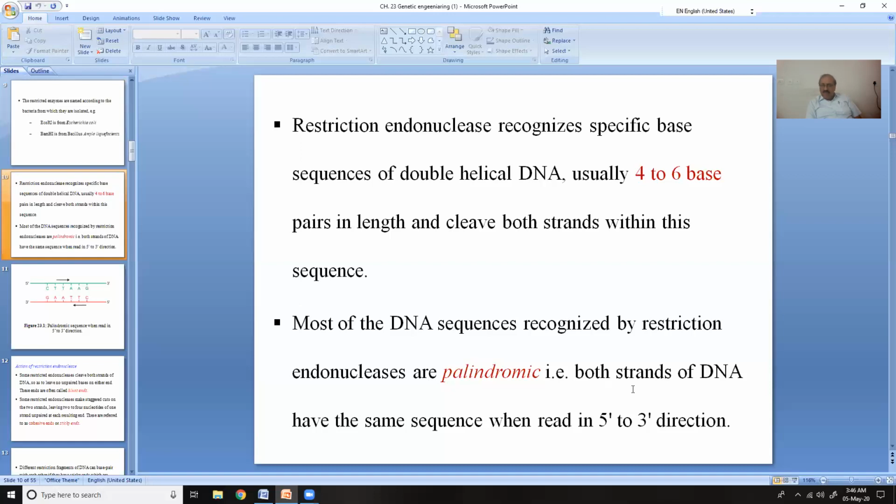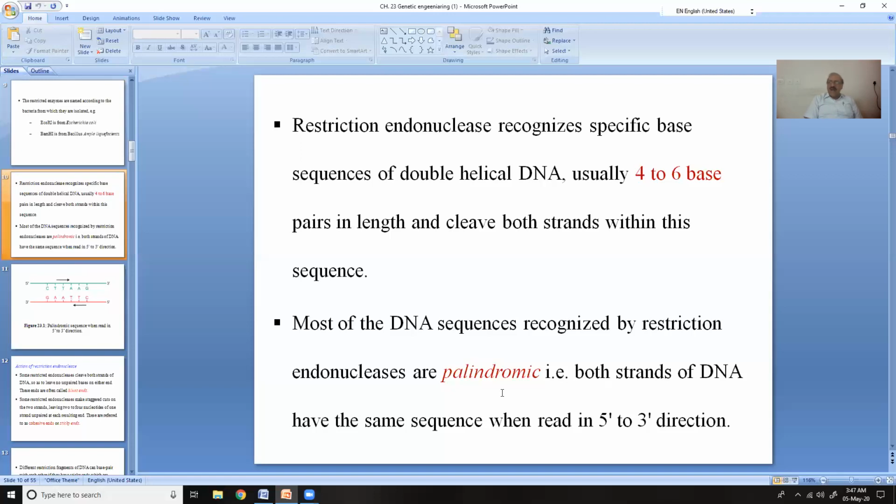Palindromic sequence: both strands of DNA have the same sequence when read in the 5' to 3' direction. Palindromic means reading the same forwards and backwards, like "Madam", "I am Adam". In Hindi also I can give you a palindromic sentence, "Radha ki buni mein neemu ki dhara".